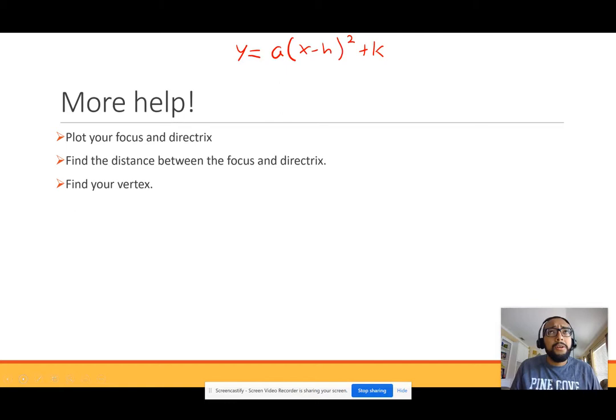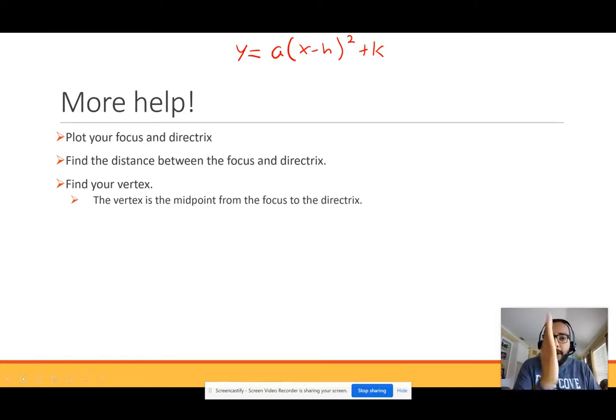And if you're like, oh, how do I find my vertex? The vertex is going to be straight in the middle between the focus and directrix. We'll see some examples in a second, but your vertex is always in the middle between the focus and directrix. Remember, it's on the same axis of symmetry, the line in the middle of the parabola, as the focus.